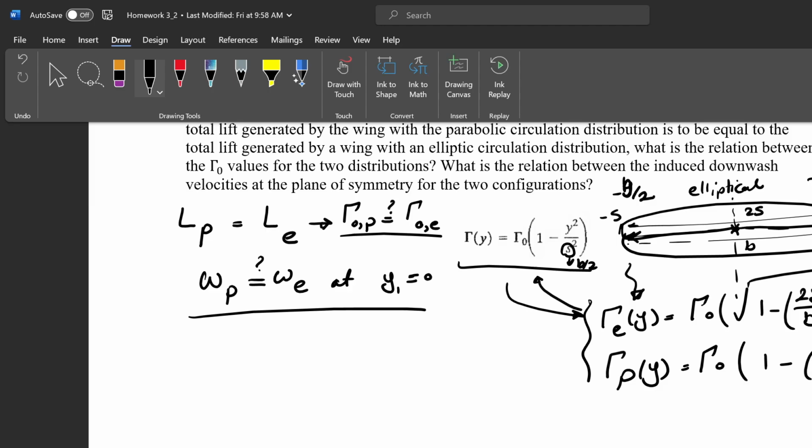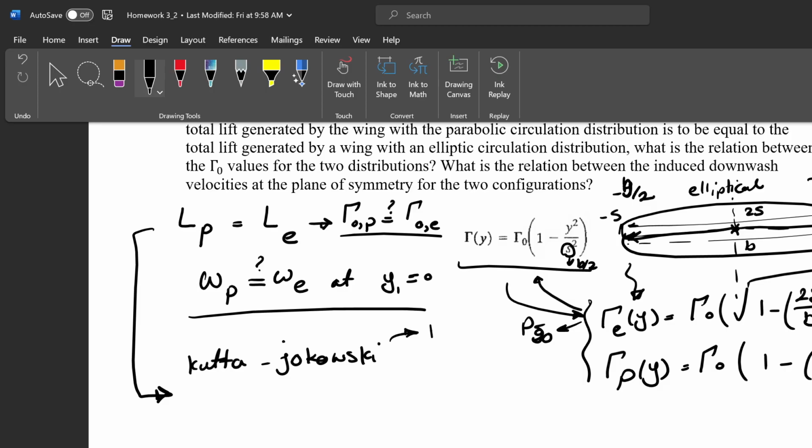That's the first thing. We have the circulation for parabolic, we have the circulation for elliptical, and we are told the lift for these two have to be equal. How did we calculate lift in these cases? We have the Kutta-Joukowski theorem that told us, and this is from page 50, this is from chapter 2 or 3, but we are also reminded of this on page 50 as well.